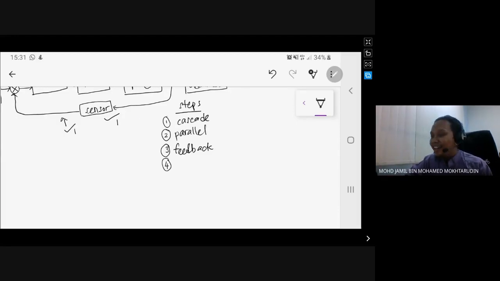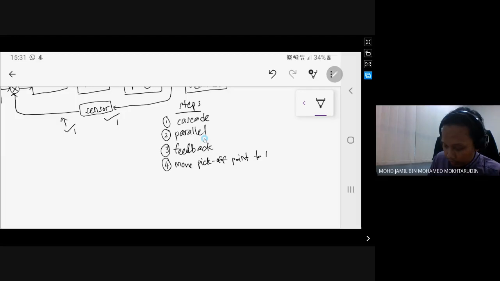Okay. Alright, so if you have no more of these 3 connections or arrangements, then you need to move the pick off point. So the fourth step is move pick off point to the right.